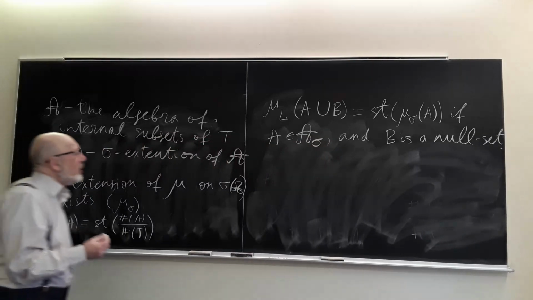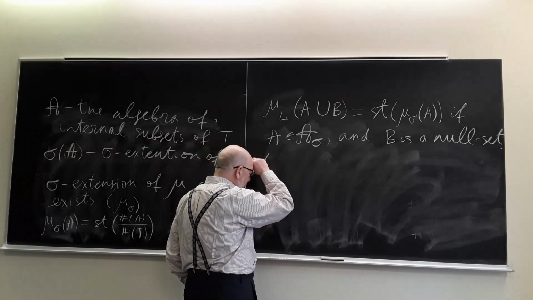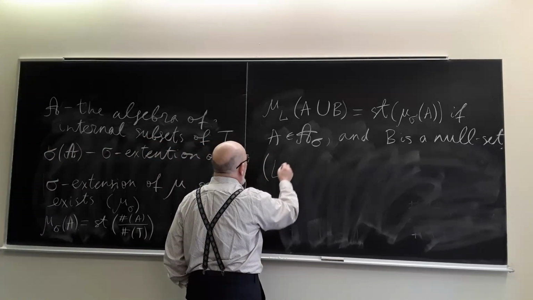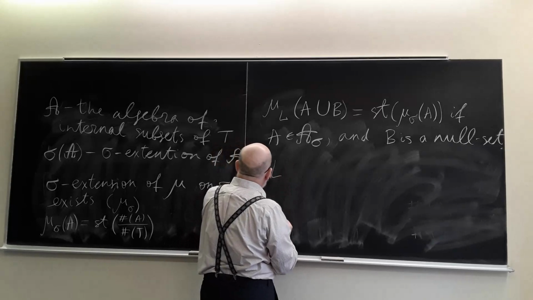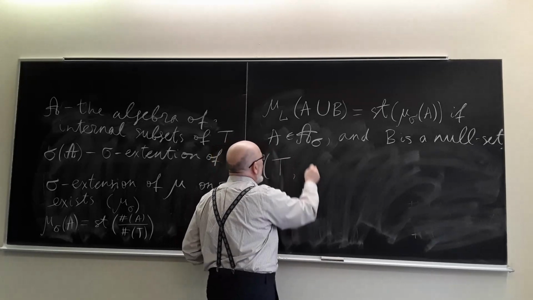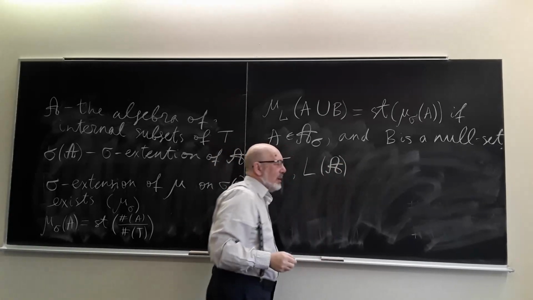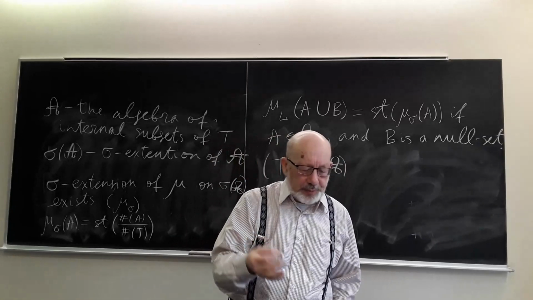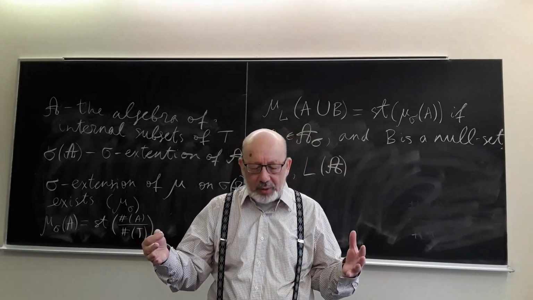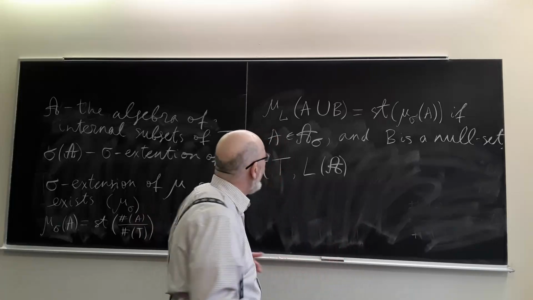So we have a triple: our set T, our space, and the algebra L of A, which is the sigma extension of algebra A plus all null sets.